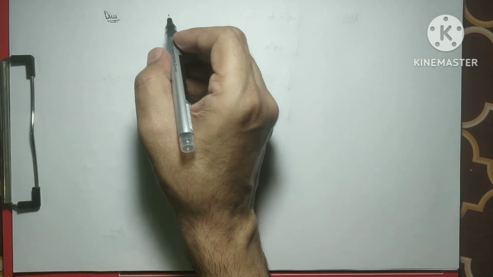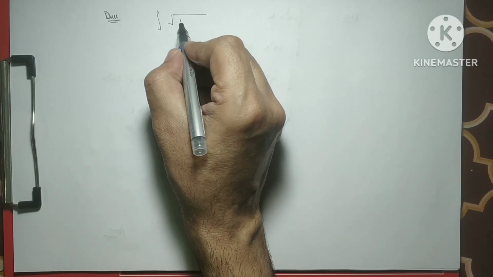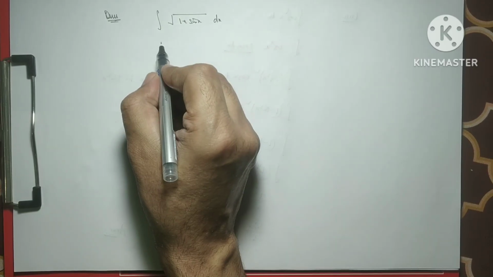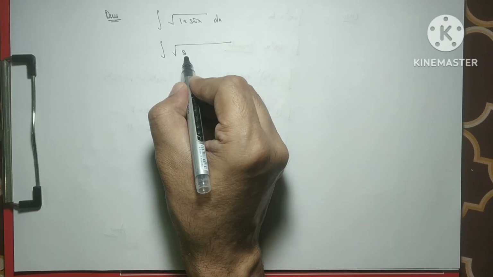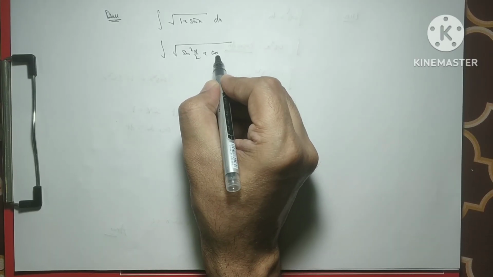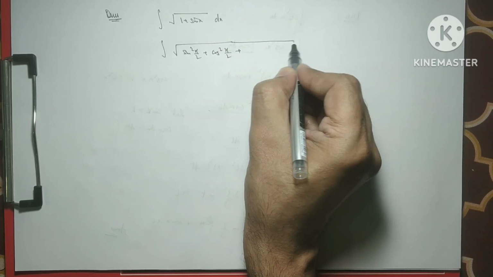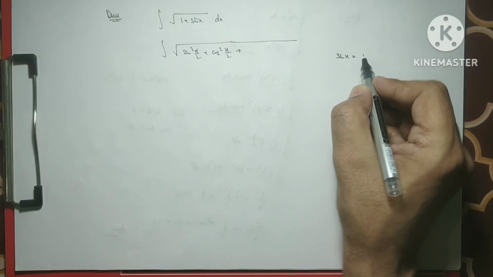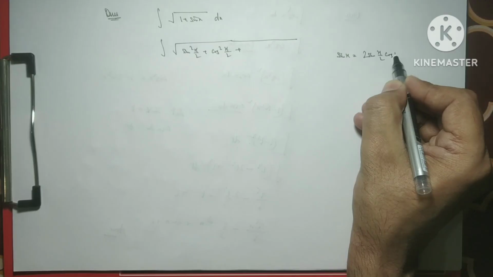Now the next question, integrate under root 1 plus sin x. So we put the value of 1 as sin square x by 2 plus cos square x by 2 by the half angle formula, and the value of sin x will be 2 sin x by 2 cos x by 2.